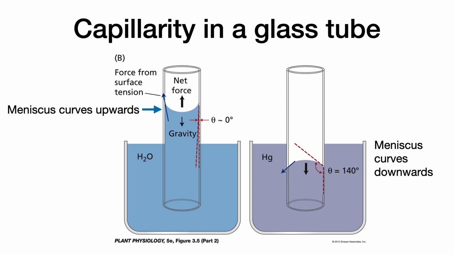The opposite occurs where a meniscus curves downwards in a liquid with a contact angle greater than 90 degrees, as in the case of mercury, with a contact angle that equals 140 degrees. Now we have gravity that is actually acting on mercury, causing the mercury molecules to bend downwards, or causing the meniscus to curve downwards.